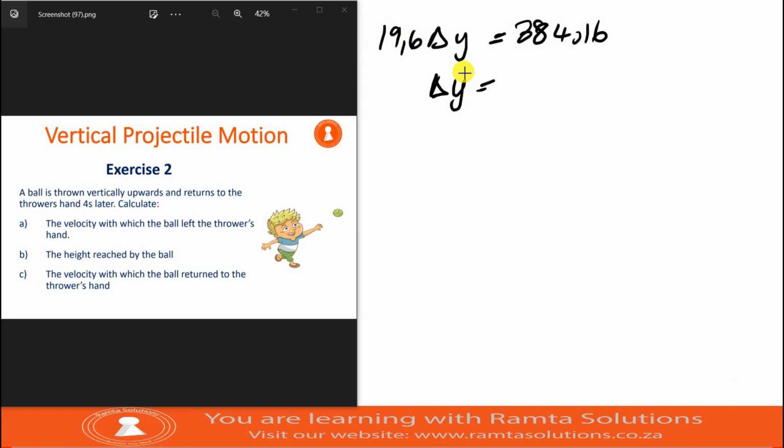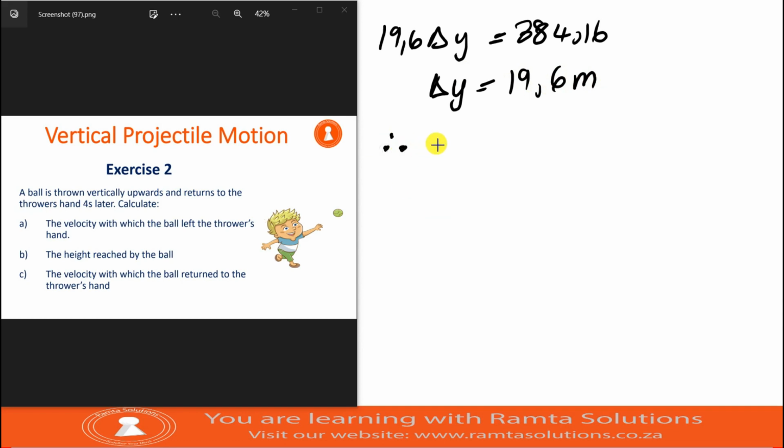384.16 divided by 19.6, our answer is 19.6 meters. As you can see, it is a positive value to tell you that this height is above the thrower's hand.